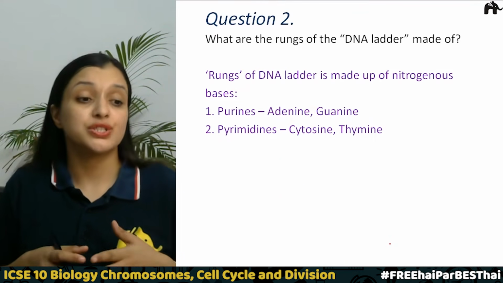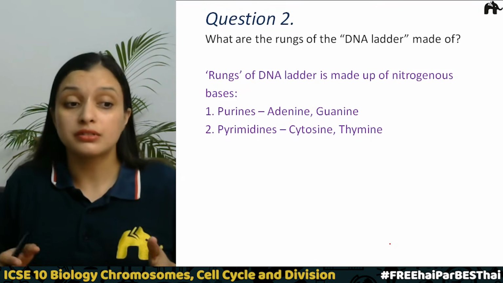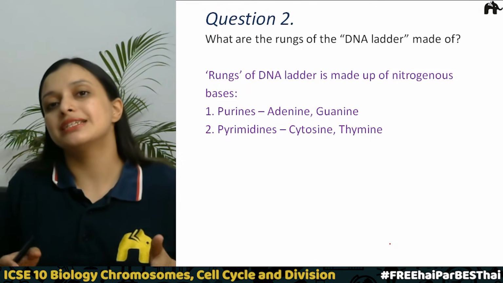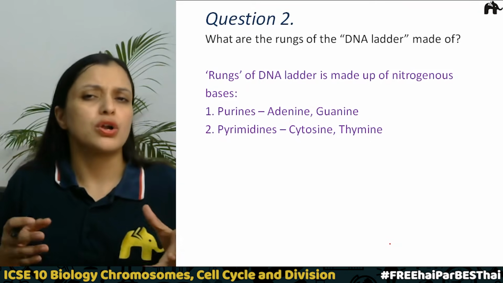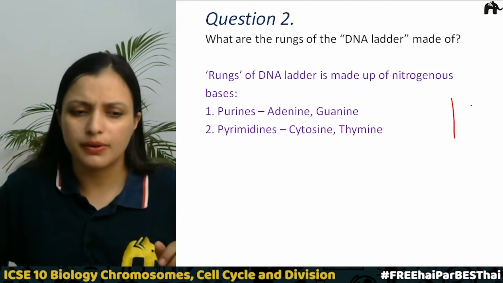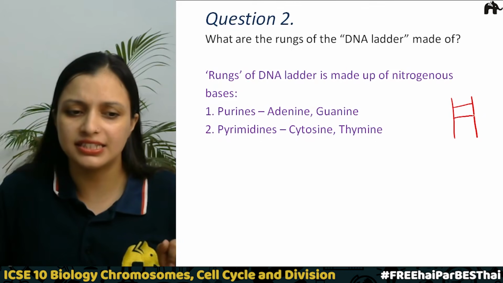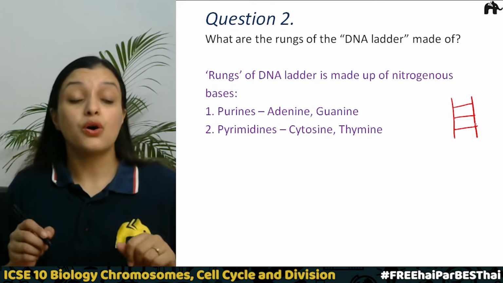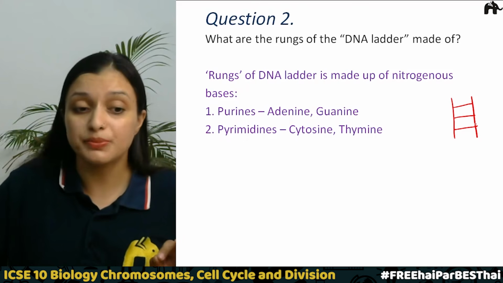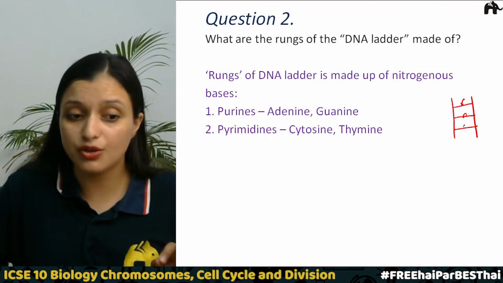Now the next question: what are the rungs of the DNA ladder made of? Let us make a ladder. These are the sides and these are the rungs. What are these rungs, these steps, made of?